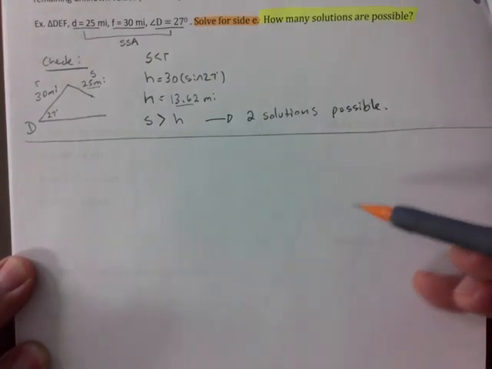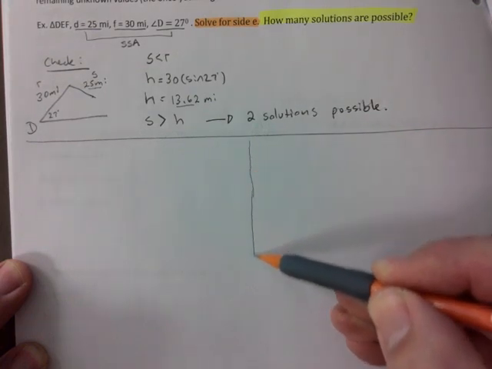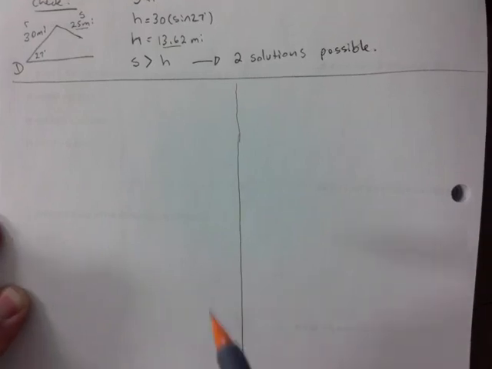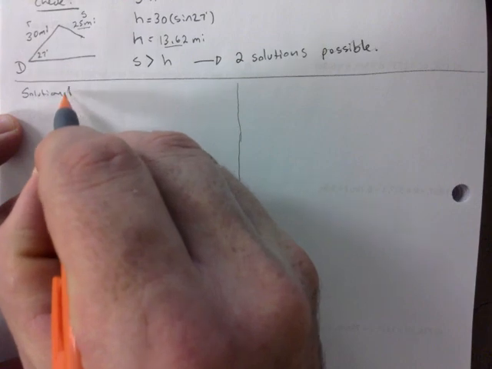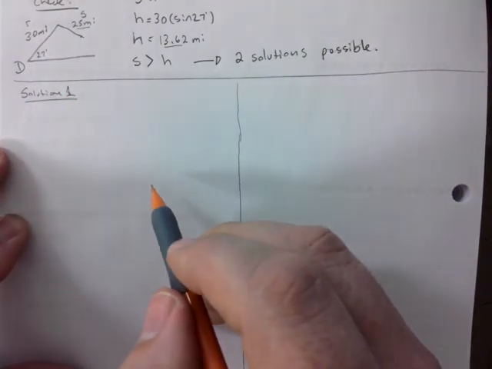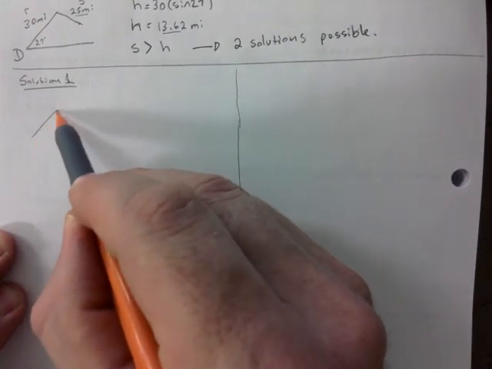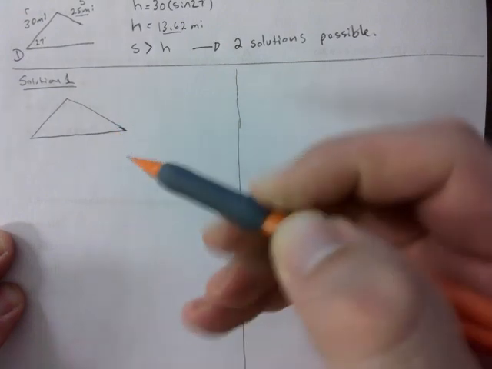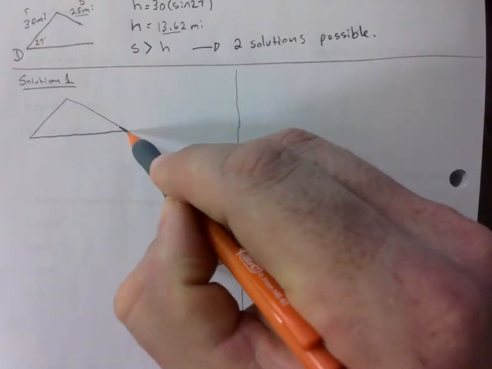So I'm going to split my page in half. Solution 1, I start with this one, where the string hits the bottom on the far side as it's swinging way out.